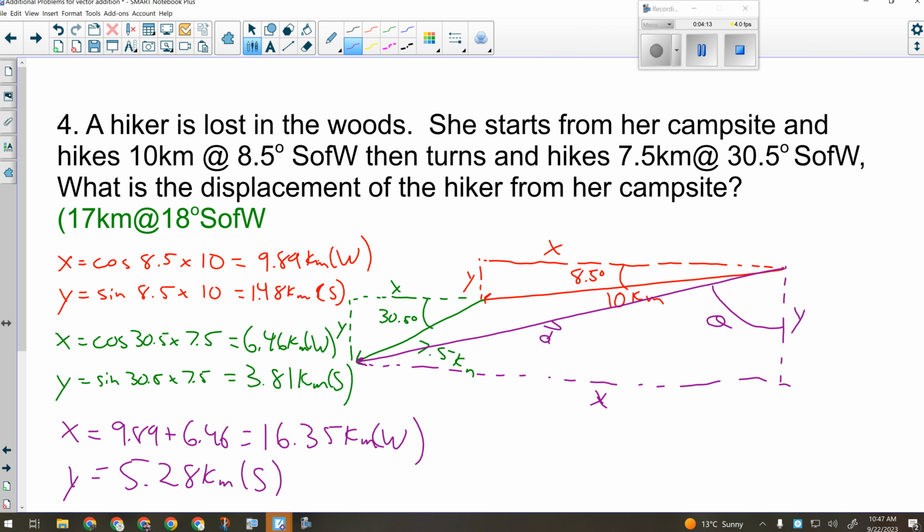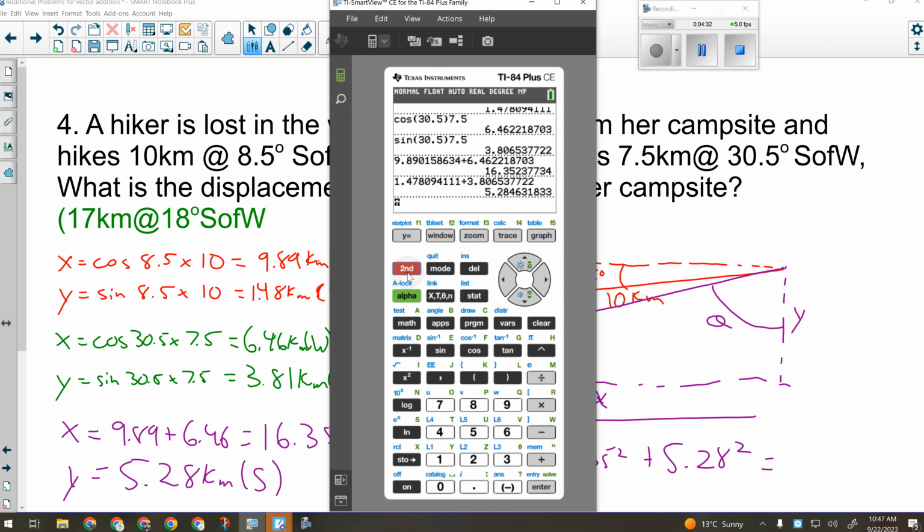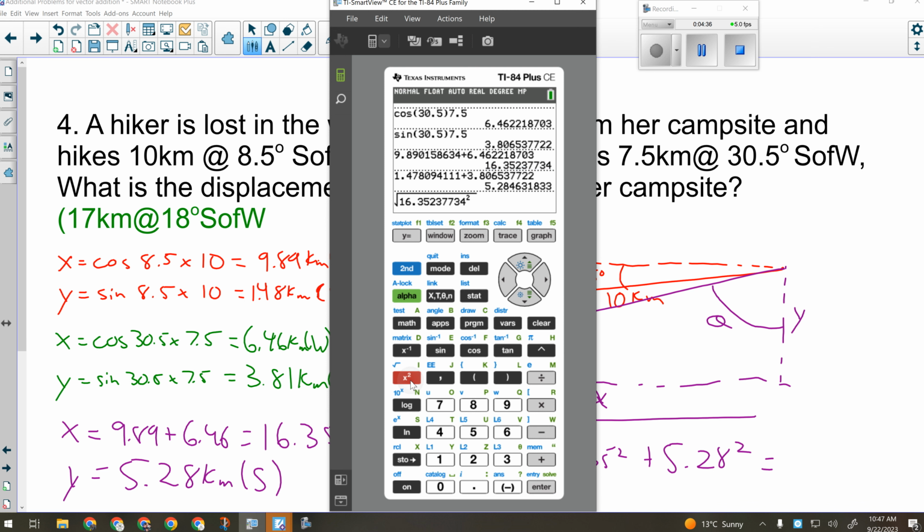Okay, so now that I know the two sides of that triangle, I can get my overall displacement with Pythagorean theorem. So that'll be 16.35 squared plus 5.28 squared. Remembering to use all of our decimal places, not the rounded values.